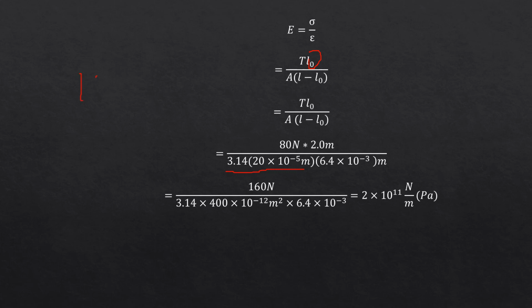This equals A. The value of pi is 3.14 and r square, we found it, 20 times 10 power negative 5 meters. So you will multiply these numbers using your calculator. This m goes with this m, and we are left with N over m, which is Pascal.